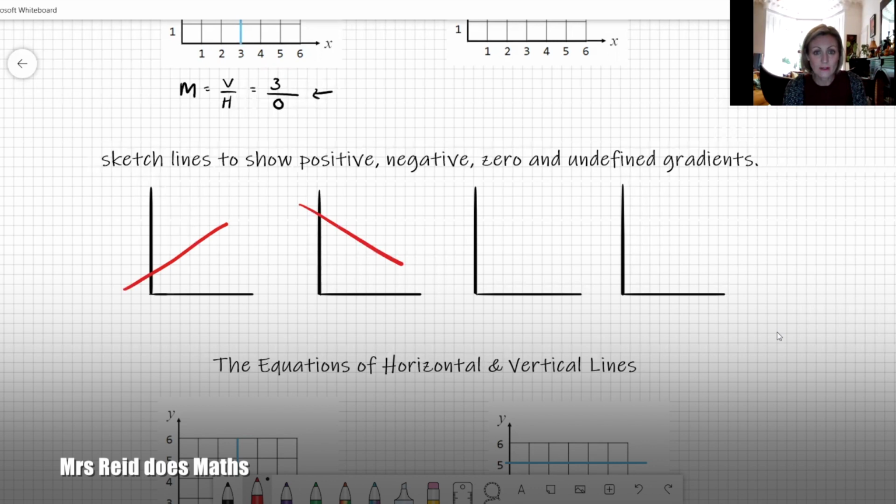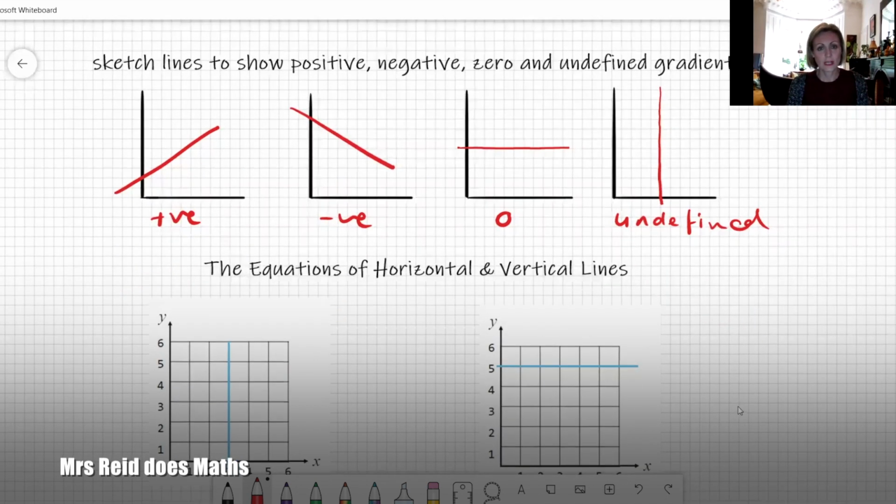A 0 gradient, remember that's nice and flat and easy to walk on, is completely horizontal. And an undefined gradient would be really difficult to walk on, and so that would be completely vertical. So we have our positive gradient, negative gradient, 0 gradient, and undefined gradient.